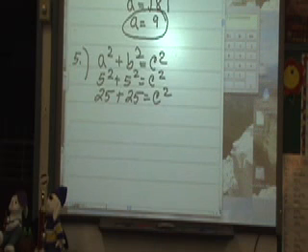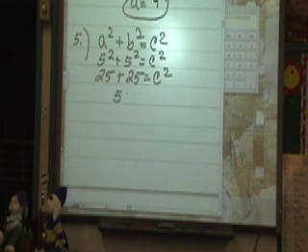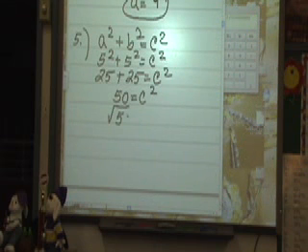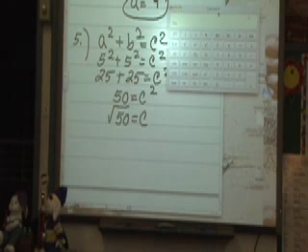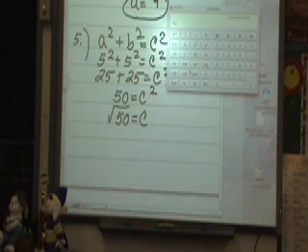Next step. 50 equals C squared. And the square root of 50 equals C. You round that to the nearest tenth. 7.1. It'd be 7.1.